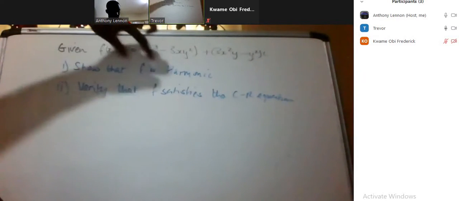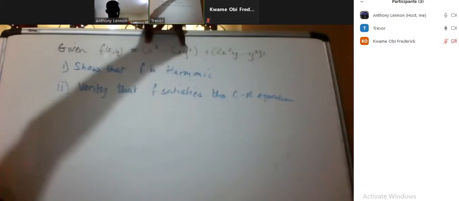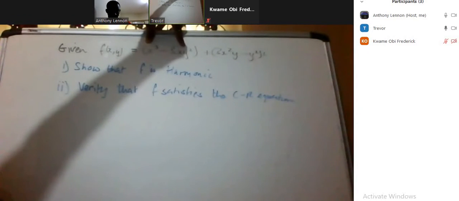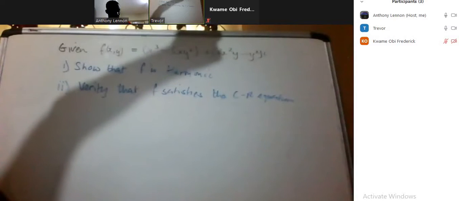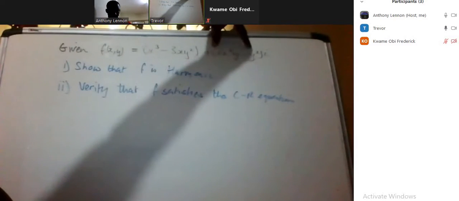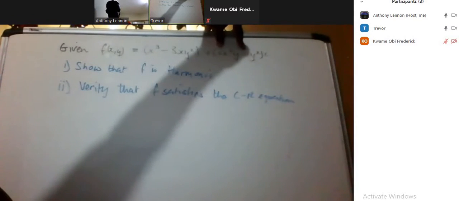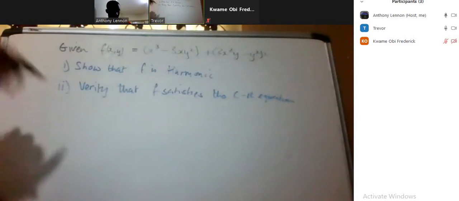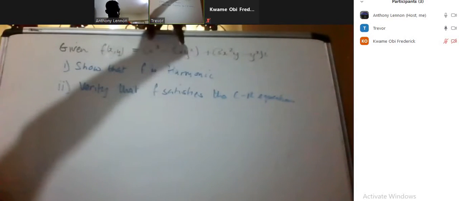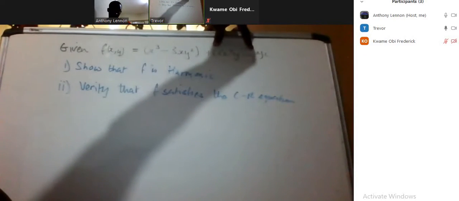So basically, harmonic means if you differentiate this 2 times it is equal to 0, and if you differentiate this 2 times it is equal to 0. And this part means if you're given this, show that you can find this to be v.